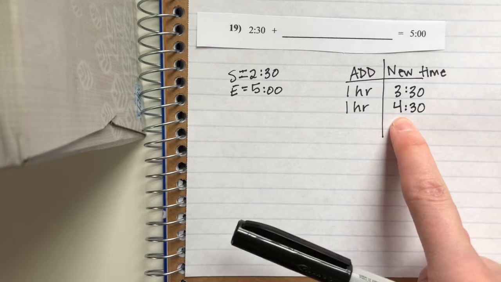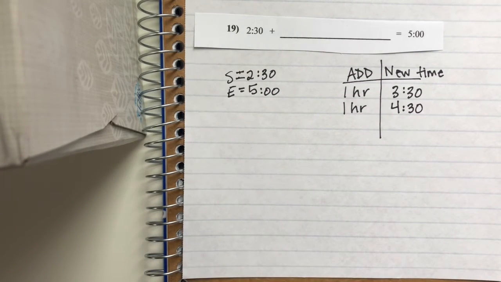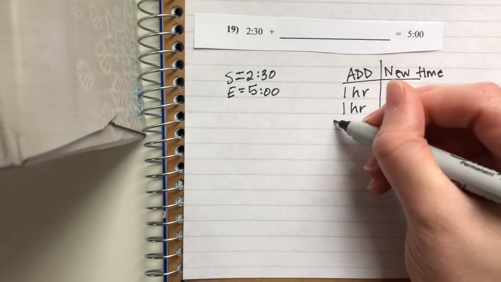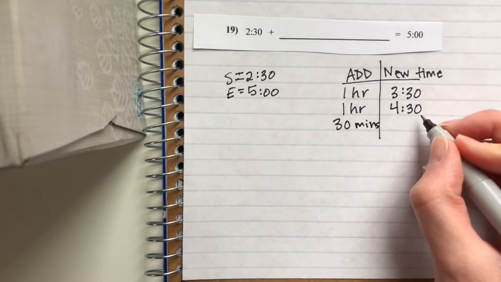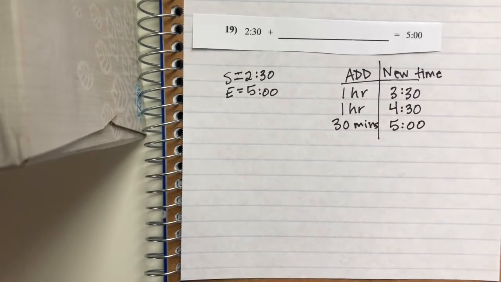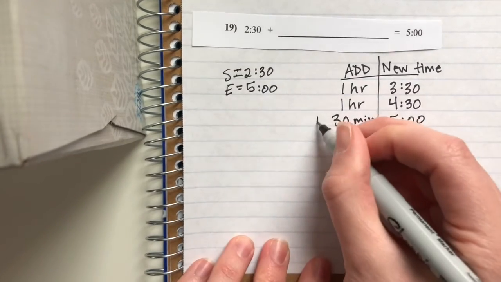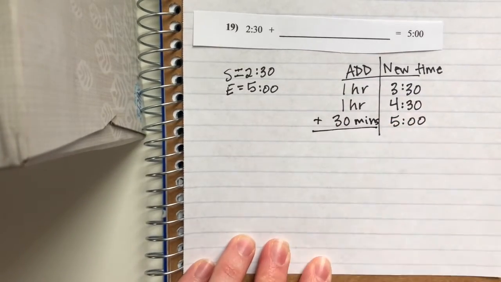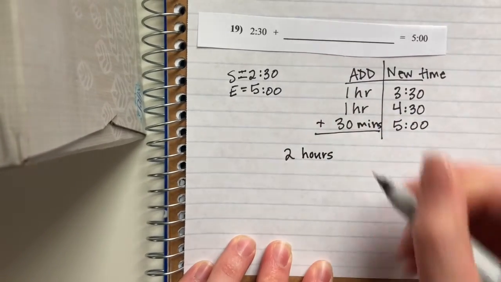So between 4:30 and 5 o'clock, do that math in your head, that is only a 30-minute difference. So if we add our 30 minutes to 4:30, we would get 5 o'clock. Our total elapsed time, we are adding our addition column together. 1 hour plus 1 hour, we get 2 hours. 30 minutes is left over.